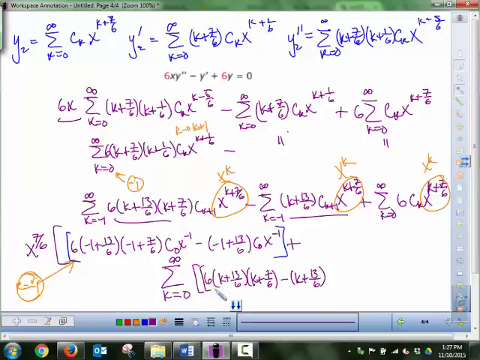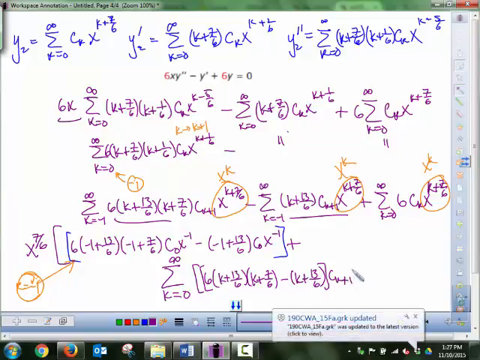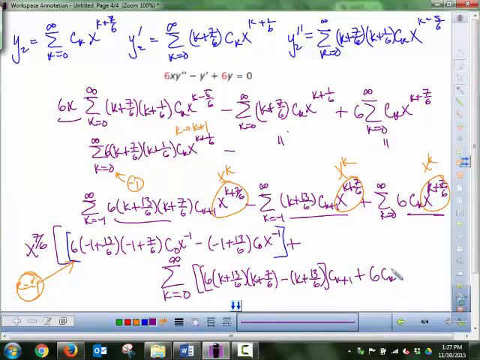So now this thing has a c sub k plus 1. It also has an x to the k, but we'll put that in when we throw in this last one. So we got a plus 6 c sub k, and then now we'll end it with an x to the k power.